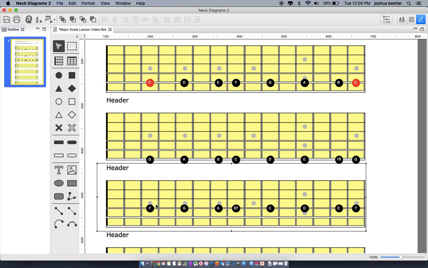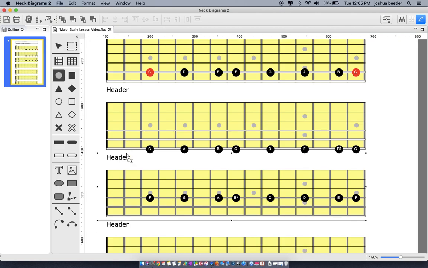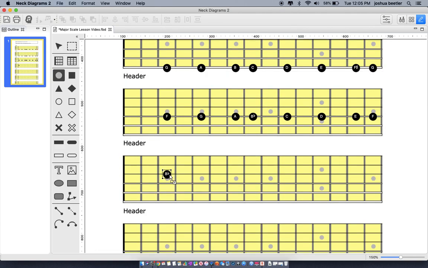Now, if I were to keep going to the next fret, starting on this is a B flat. So again, B flat, whole step to C, right? Because B to C is a half step. So B flat to C is our whole step. Whole step, half step. Okay, now this is an incorrect instance on the fretboard, so I will change that in a second. F, G, A, and then back to B flat.